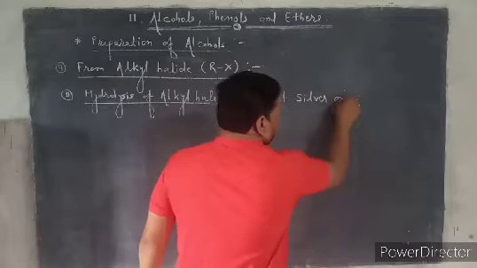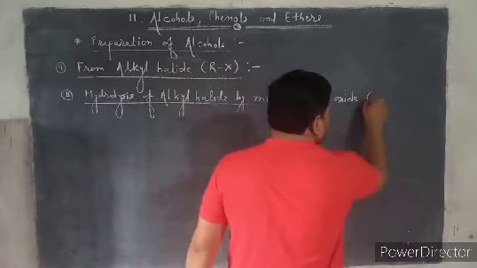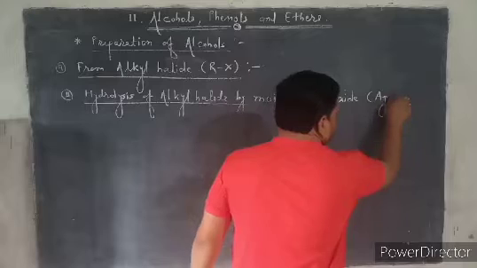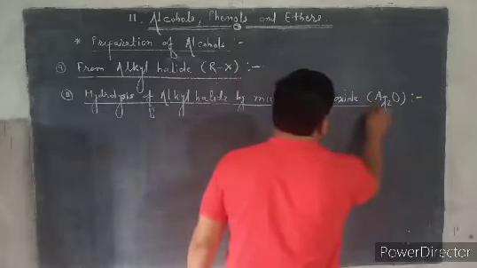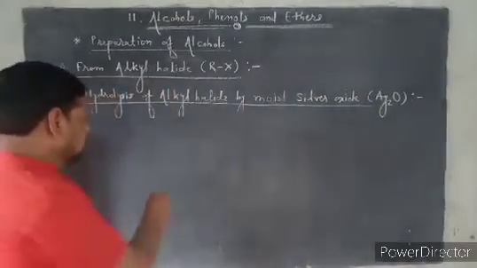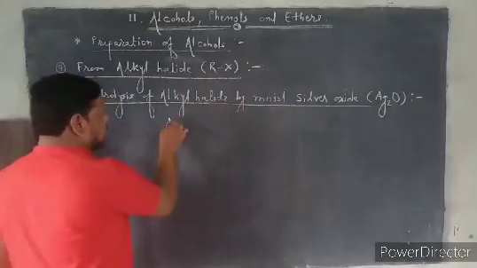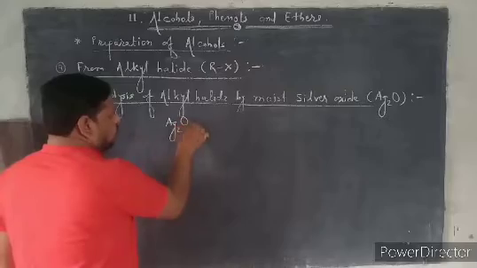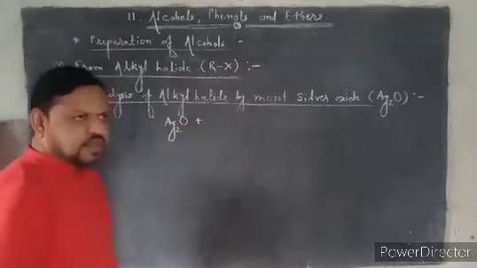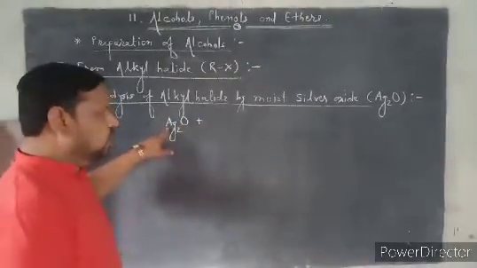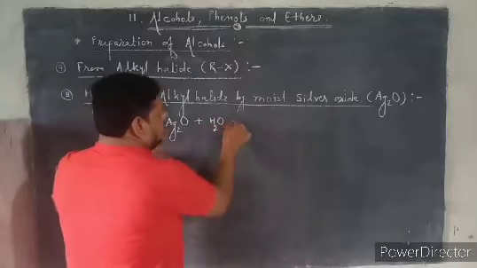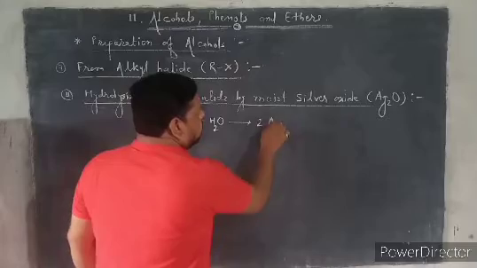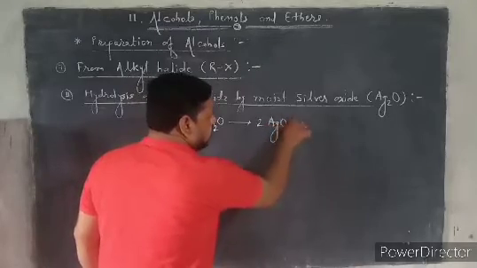Moist silver oxide, that is Ag2O. See here, moist silver oxide, Ag2O, is treated with water and it gives silver hydroxide.